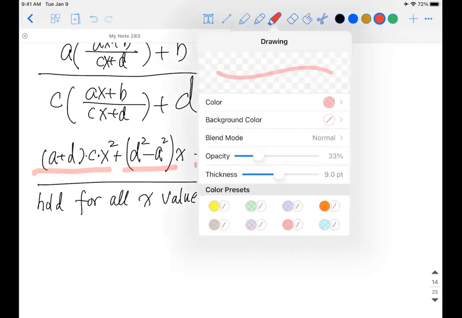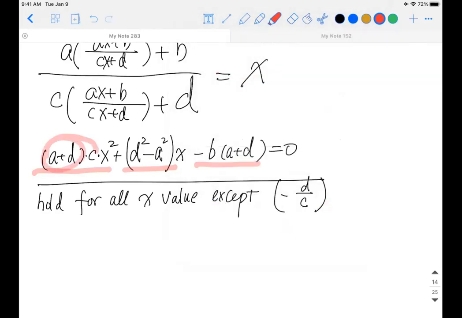You see, this is a variable. This is a parameter times x squared. This is another parameter times x. This is like a constant, right? I want this to hold for all the x's except only one.